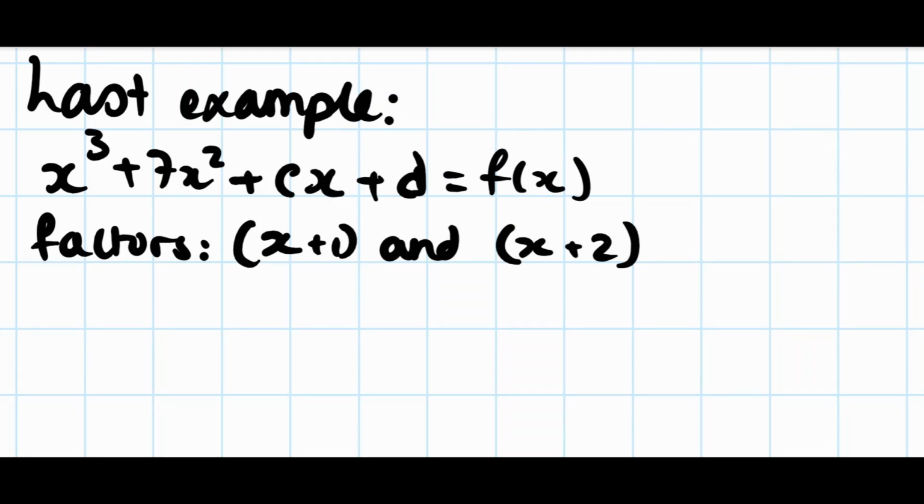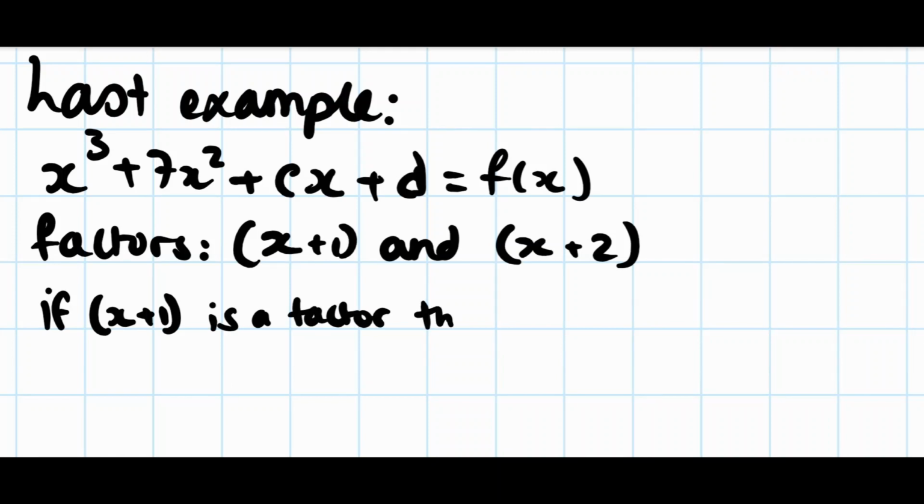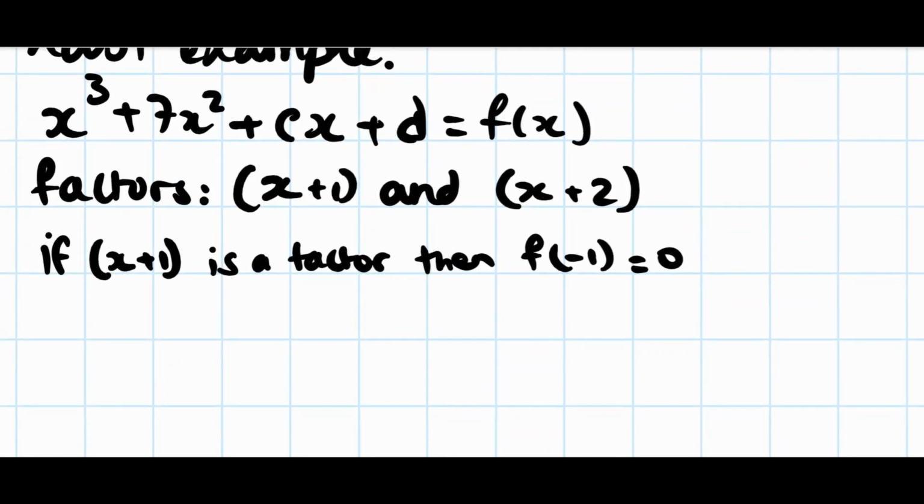So we know from the factor theorem again that if x plus 1 is a factor, then it means that f of minus 1 should be equal to 0. Now the same would apply to the x plus 2 bracket as well.